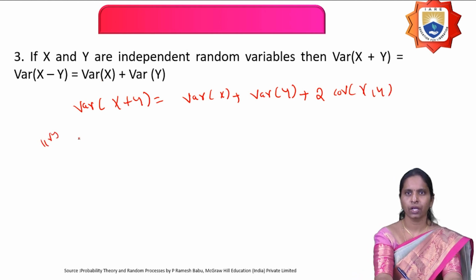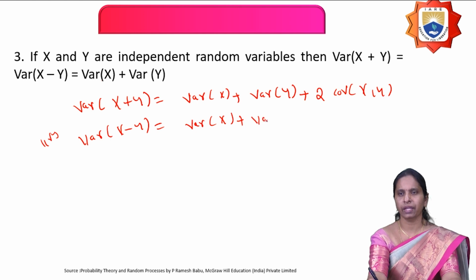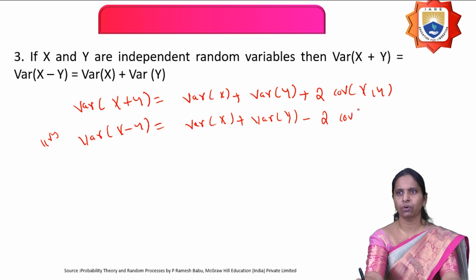Similarly, the variance of x minus y is variance of x plus variance of y minus 2 into covariance of x comma y.